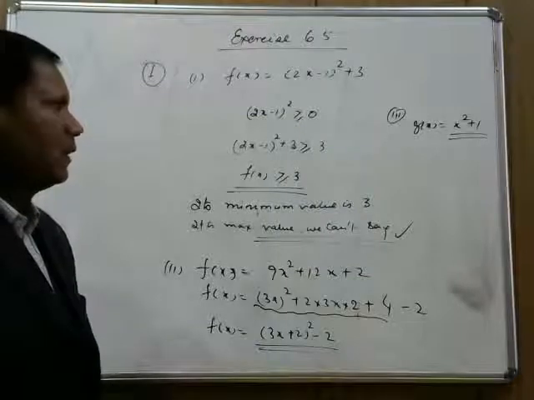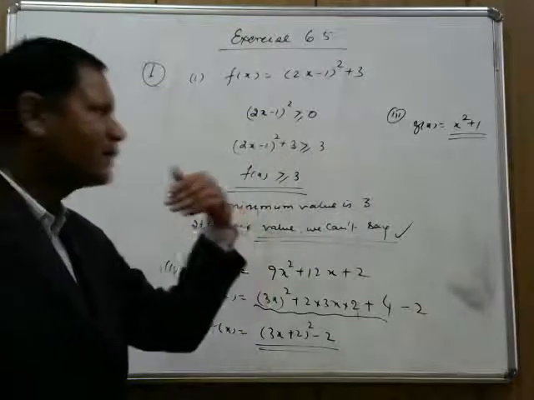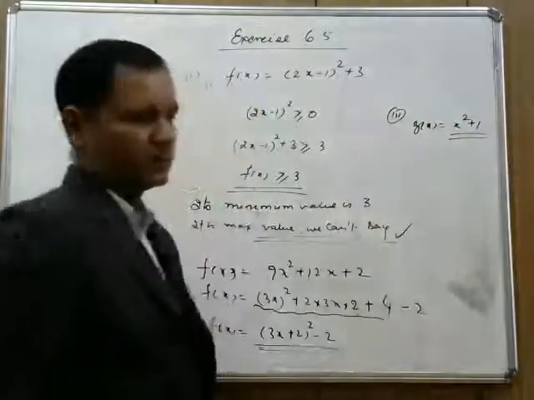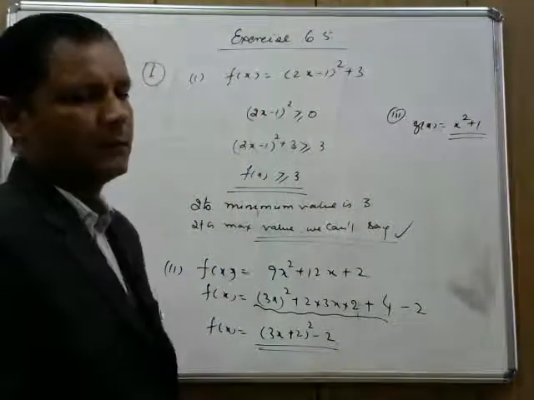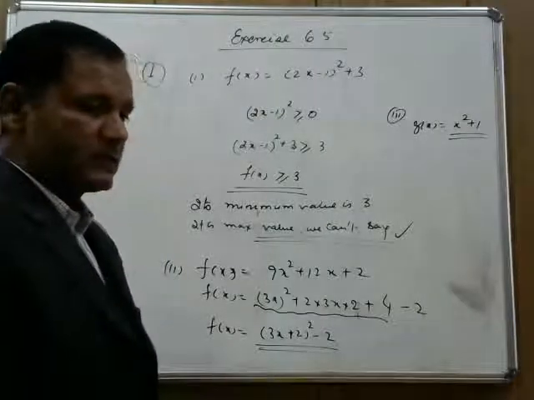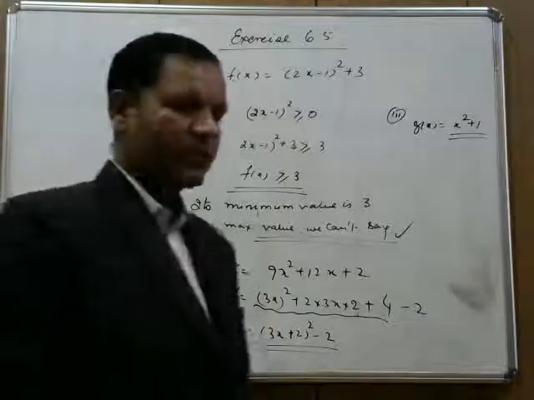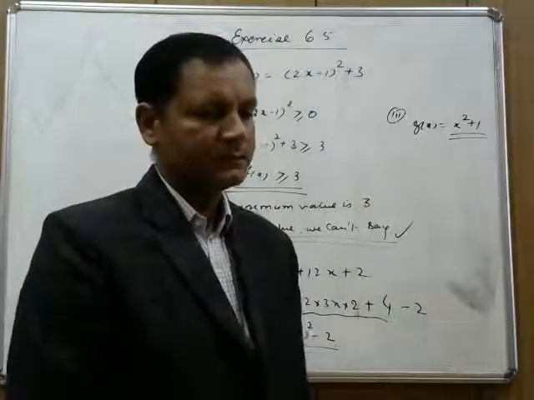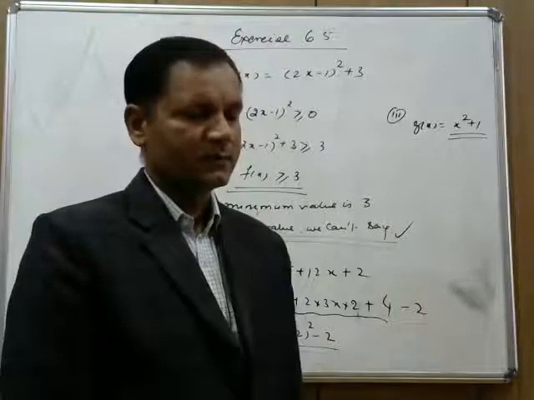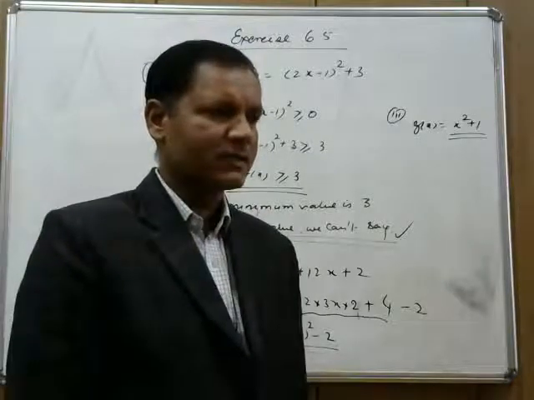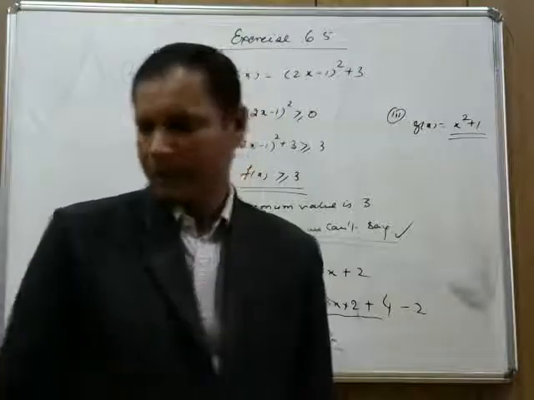So now x square plus 1, if I take any value, its minimum value will be 1, maximum value again we cannot say. That means a given function can have a maximum value, can have a minimum value, cannot have a maximum value but can have a minimum value also. That means all the possibilities are there wherever we have to discuss the maximum or minimum, right?